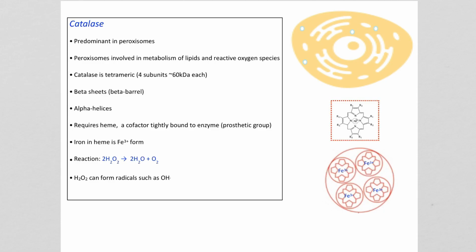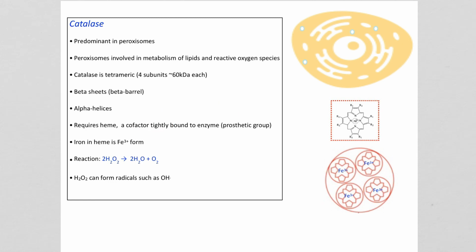This enzyme requires an organic chemical called heme, which is a cofactor that is tightly bound to the enzyme. Since it is tightly bound to the enzyme, we call this cofactor a prosthetic group.